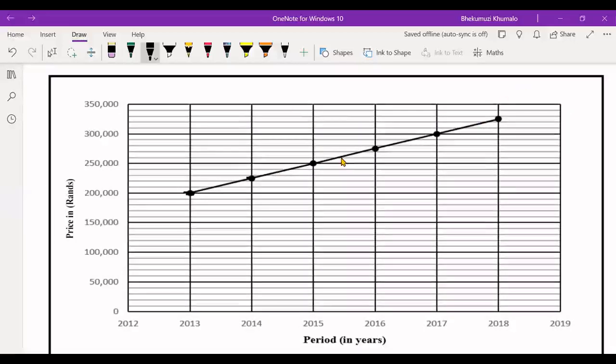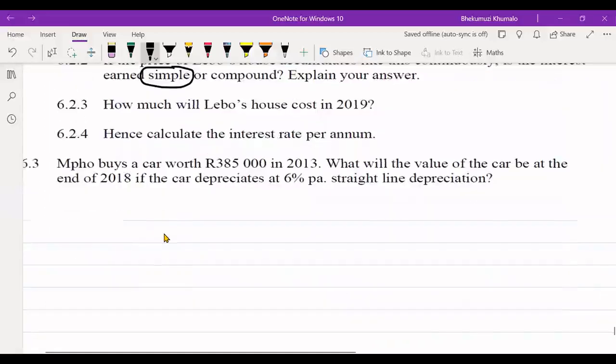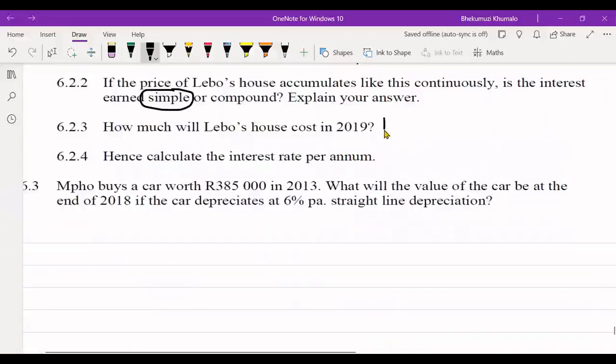That's the pattern that we saw. So at 6.2.3, the answer would be 350,000.